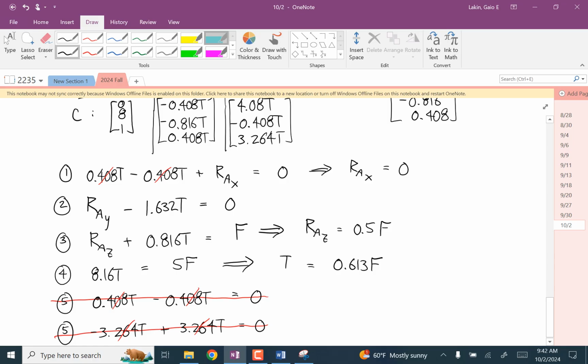We already know RAX is 0, so this is the last one. 1.632 times 0.613. And you get that RAY is, no, f.